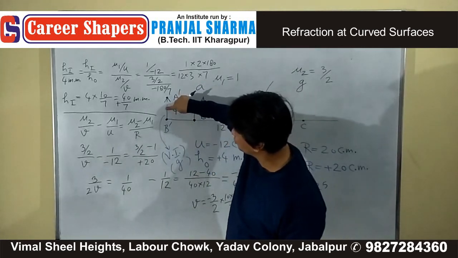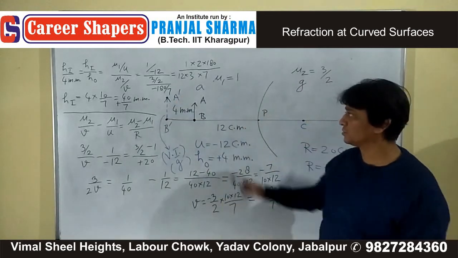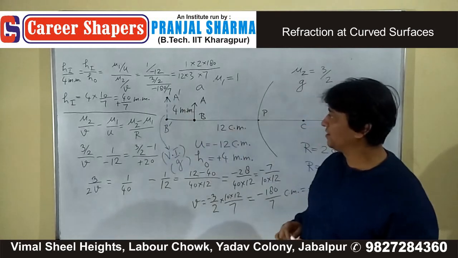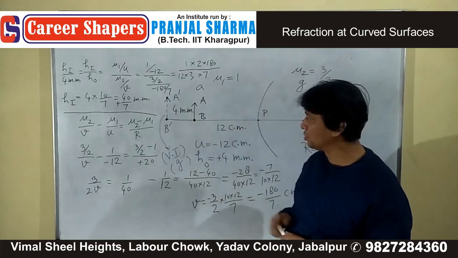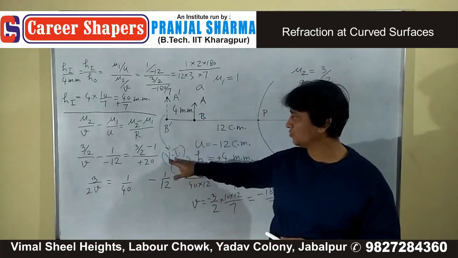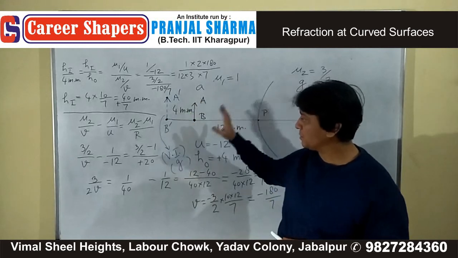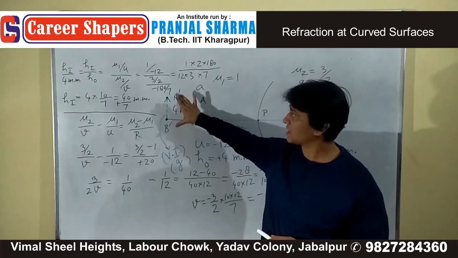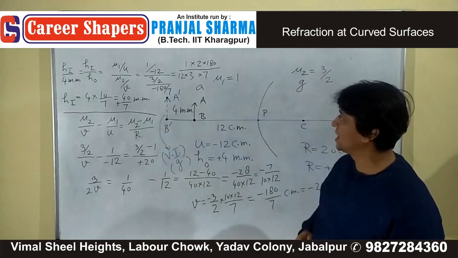You must show it with broken lines like this. So that's your final result. We have found and located the image, and we also know its nature. It's a virtual image, an upright image being formed in glass. Its position is known, its height is known.